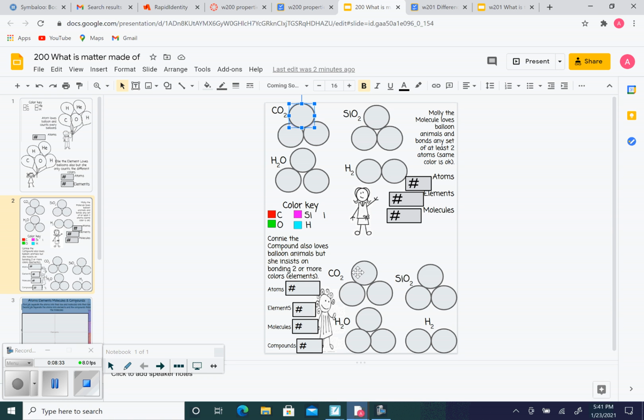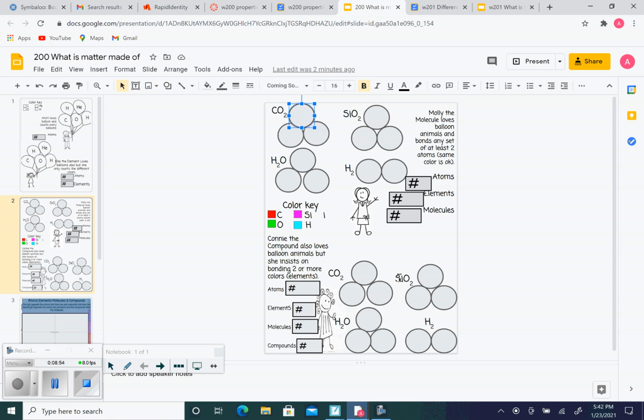So basically this means that you must have at least 2 capital letters here. Remember, each capital letter says that it's another element. So C is a capital letter and O is a capital letter. That is 2 elements, so therefore that is a compound.